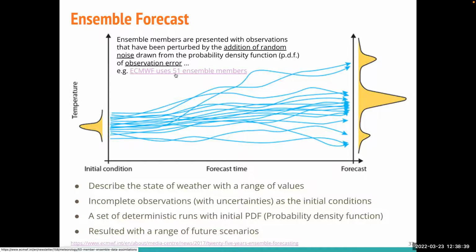Finally, they have done some statistical calculation on the 51 ensemble members, which means it's not that they don't trust the control one, because they should have some idea behind the uncertainties, because if you have 51, then you have a range of uncertainty.